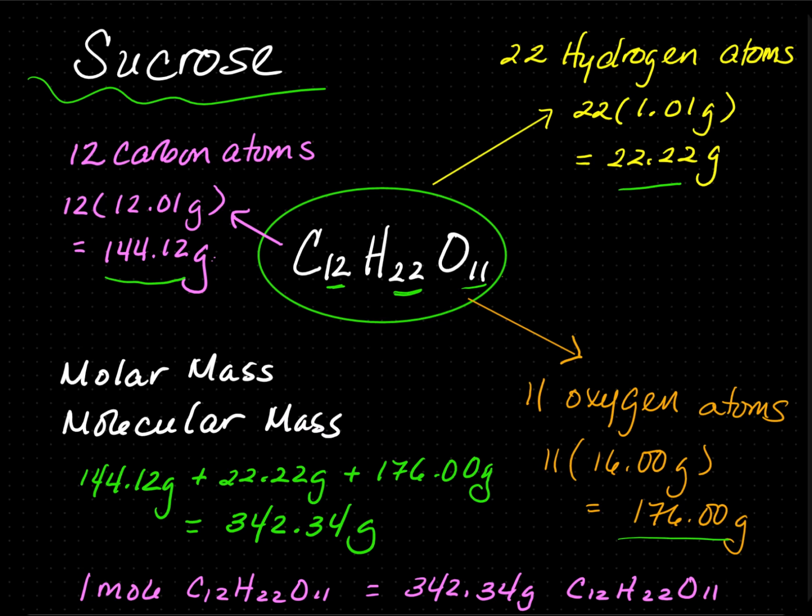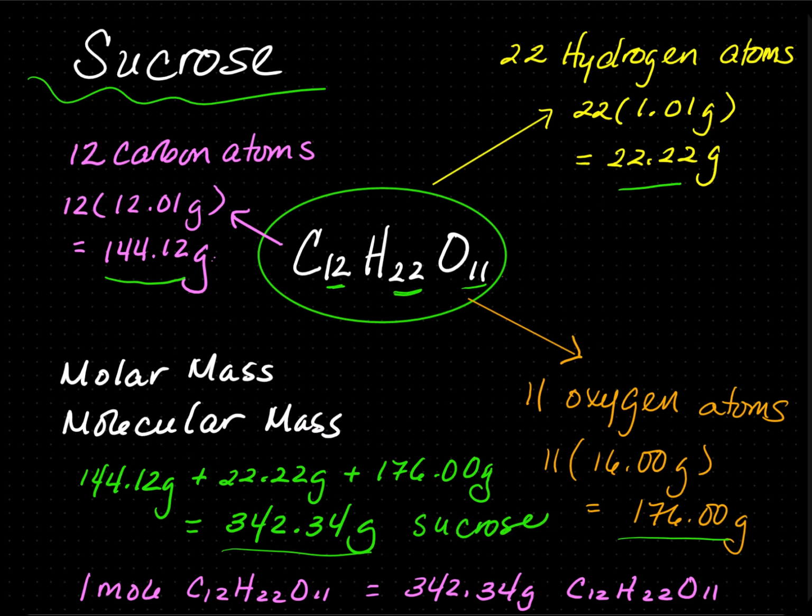To find the molar mass or the molecular mass, you add the masses of all the atoms in sucrose. So we have 144.12 grams of carbon, 22.22 grams of hydrogen, and 176.00 grams of oxygen. If we add this up, we get approximately 342.34 grams of sucrose.